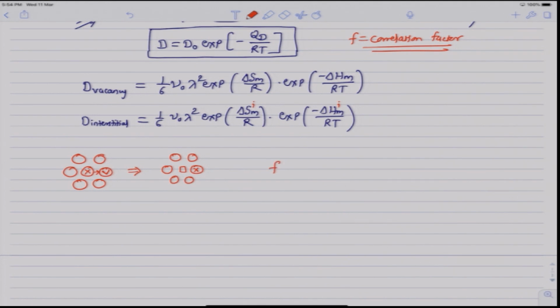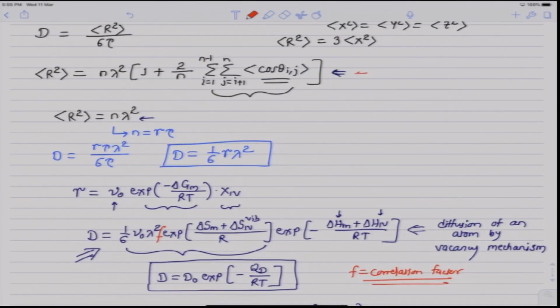If we define the correlation factor, it is defined as the mean square displacement when the jumps are correlated divided by the mean square displacement assuming completely random jumps. If we look into this expression for r square again, when the jumps are completely random, the average of r square is only n lambda square, and in a sense this summation of the average of cos theta ij gives the contribution from the correlated jumps.